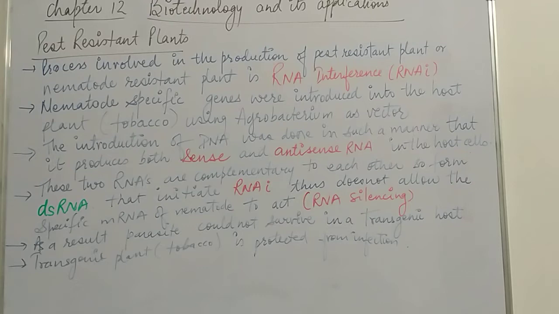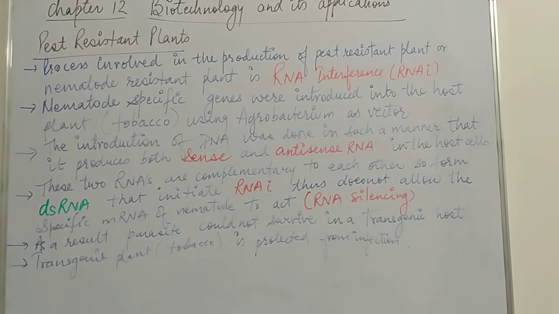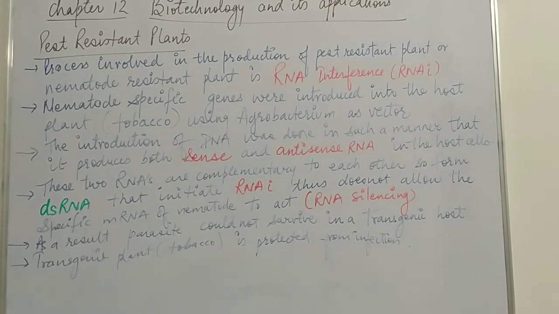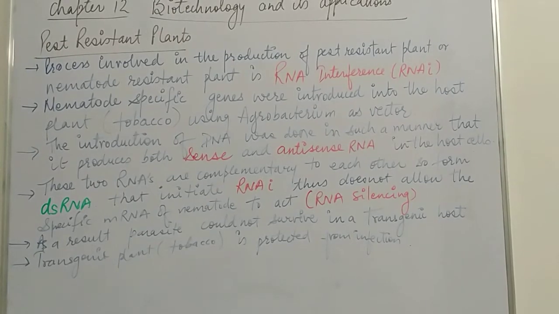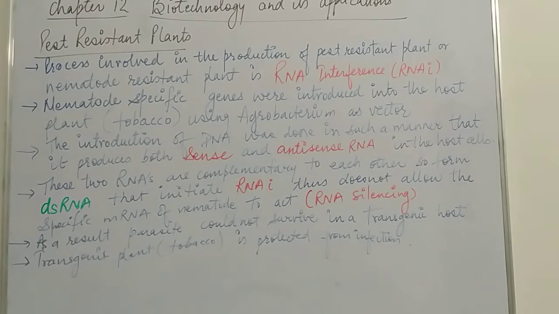The nematode specific genes were introduced into the host plant, the tobacco plant, using the vector Agrobacterium.